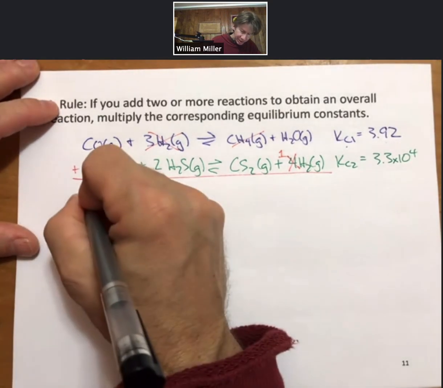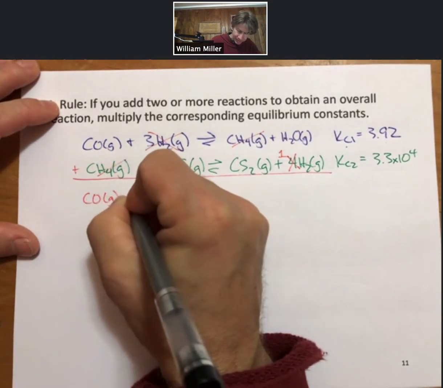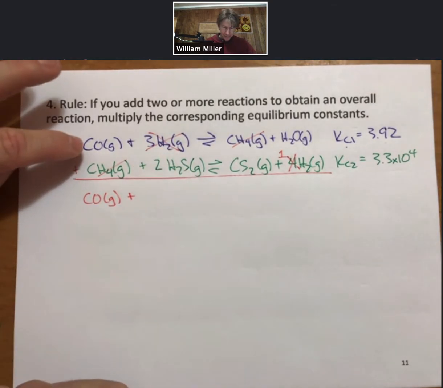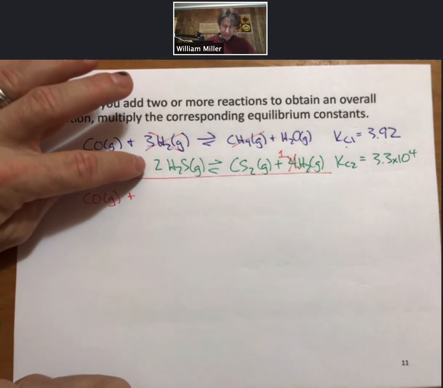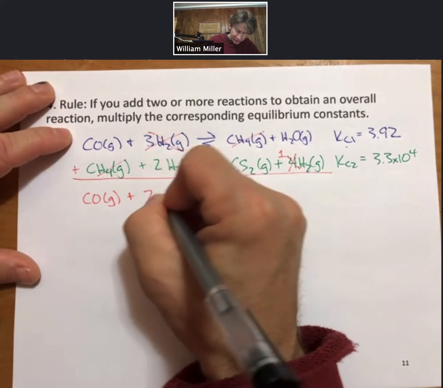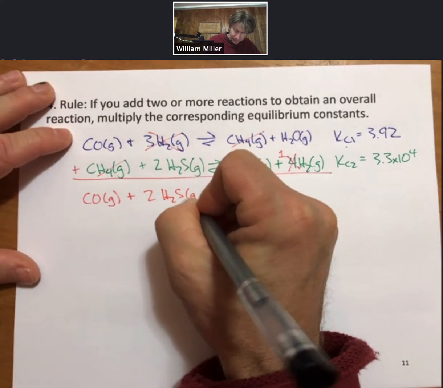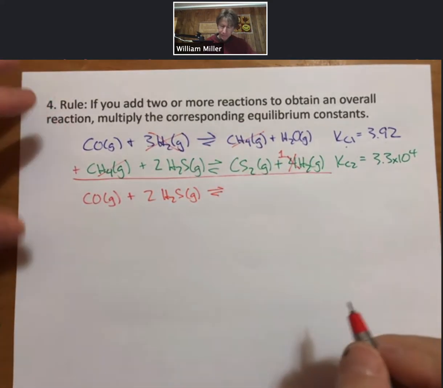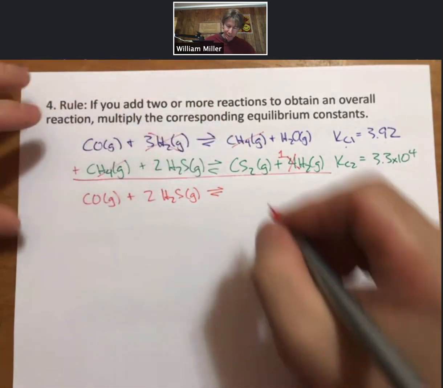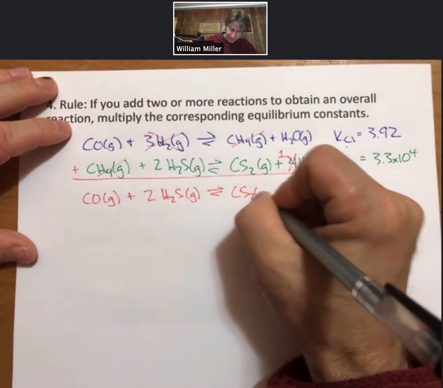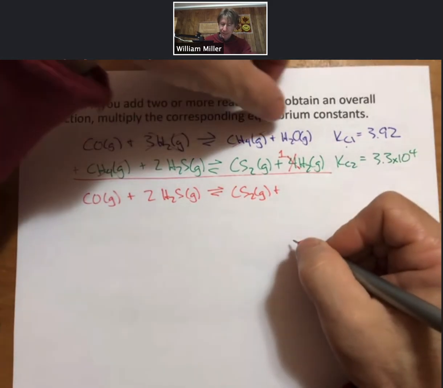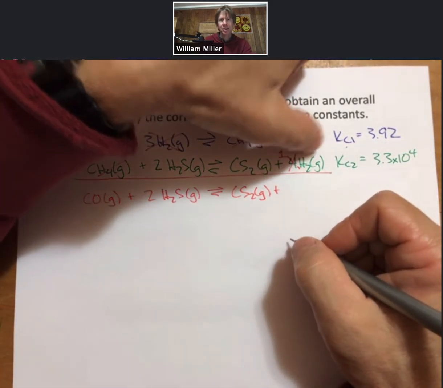Our resulting reaction, let's see, carbon monoxide plus 2 hydrogen sulfide goes to carbon disulfide plus H2O gas plus 1 hydrogen.